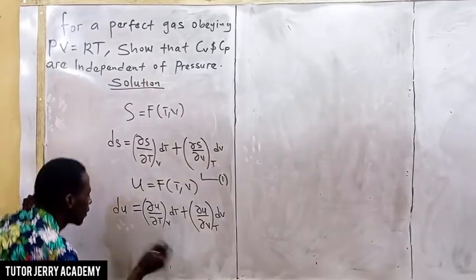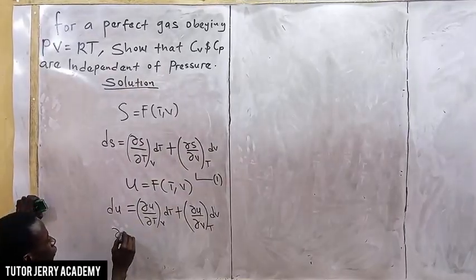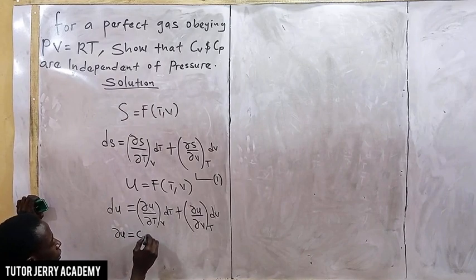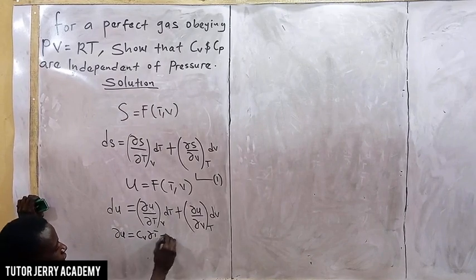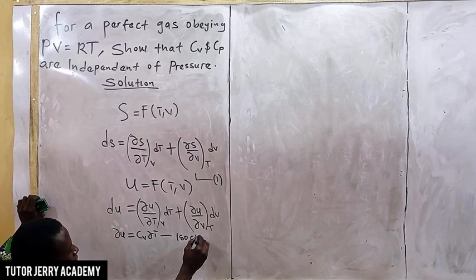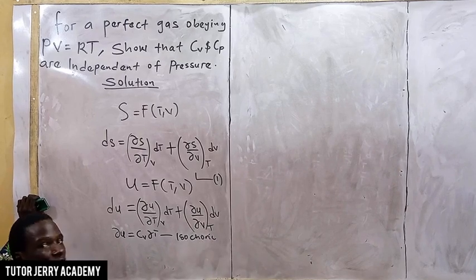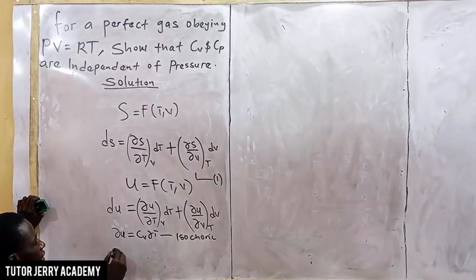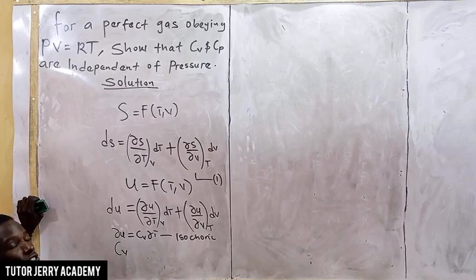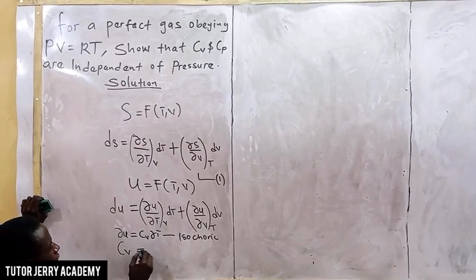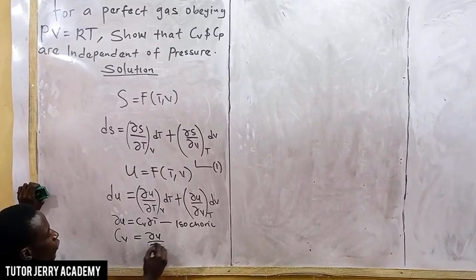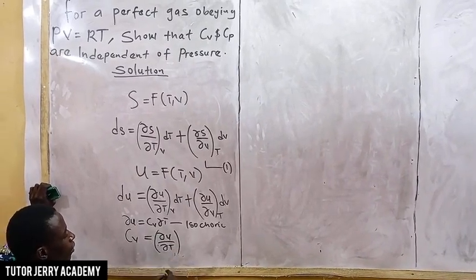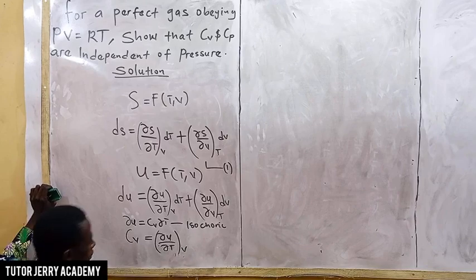So since the partial derivative of U is equal to Cv times the partial derivative of T for an isochoric process, that is a constant volume process, we can make Cv the subject of this relation: Cv is equal to the partial derivative of U over the partial derivative of T, keeping V constant.